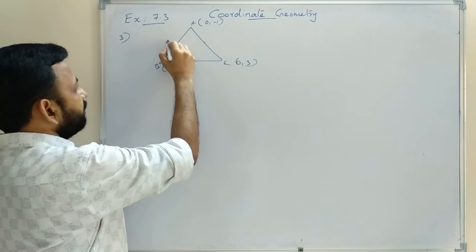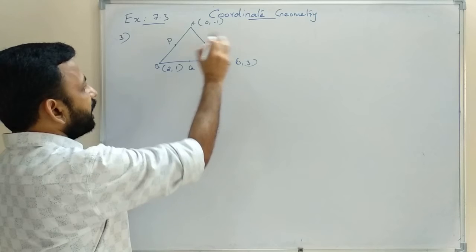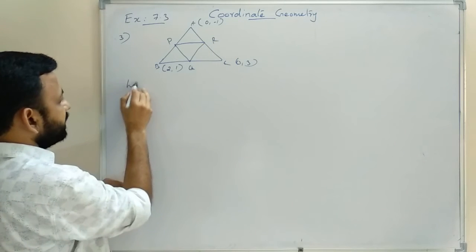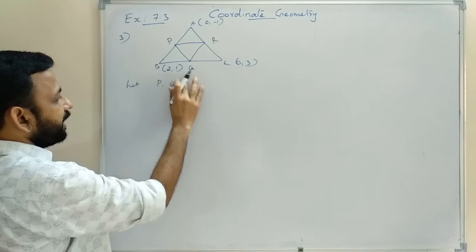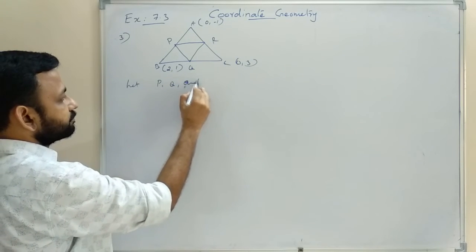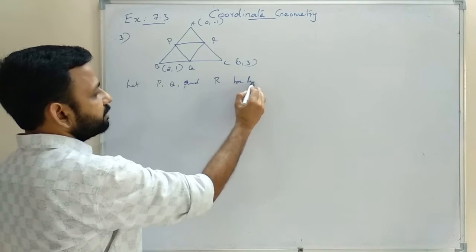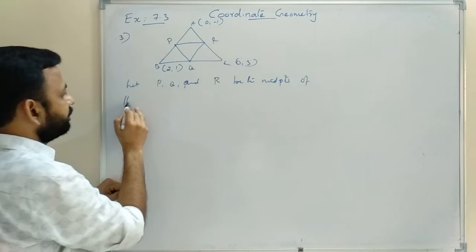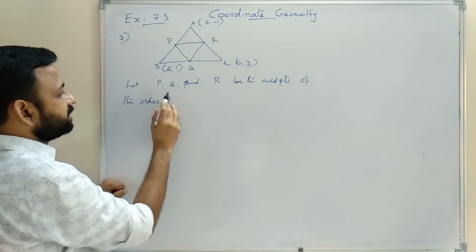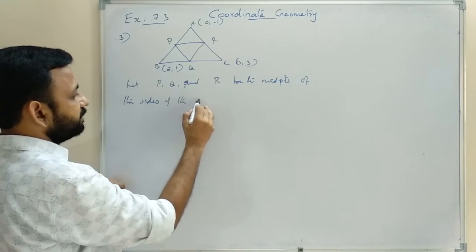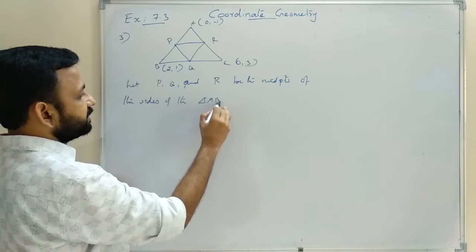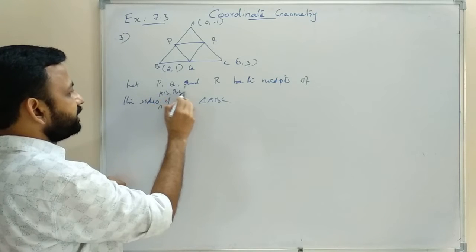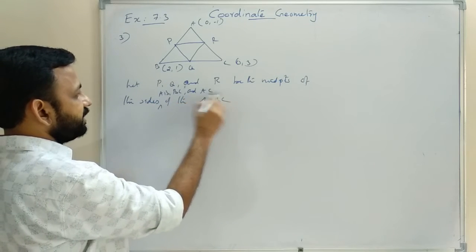So here we can take P, Q and R as the midpoints of the sides of this triangle. Let P, Q and R be the midpoints of the sides AB, BC and AC respectively.